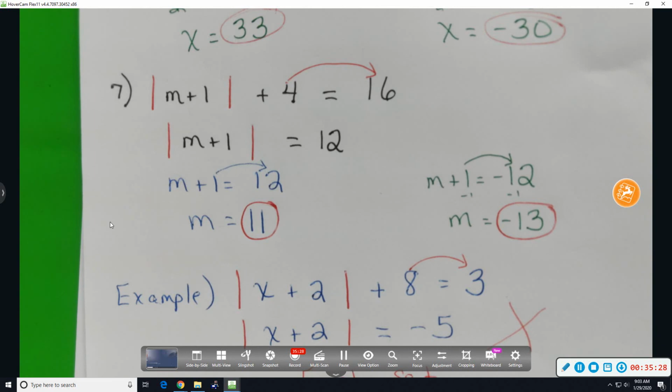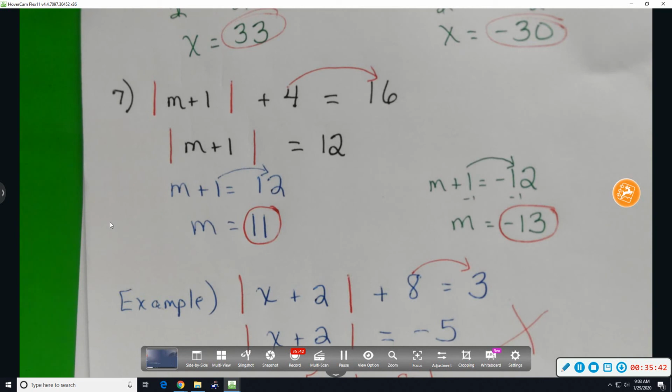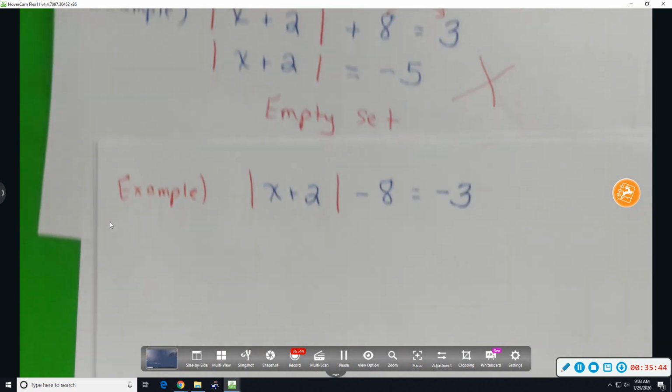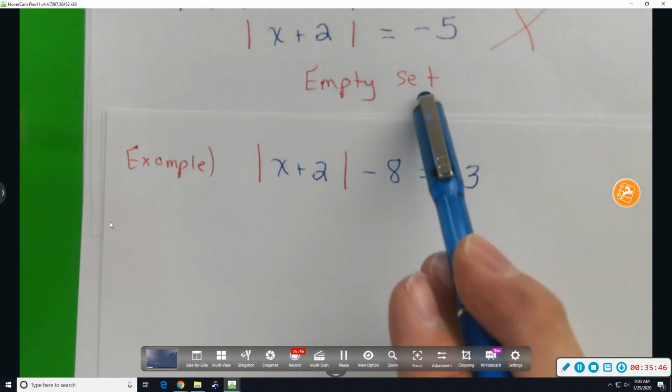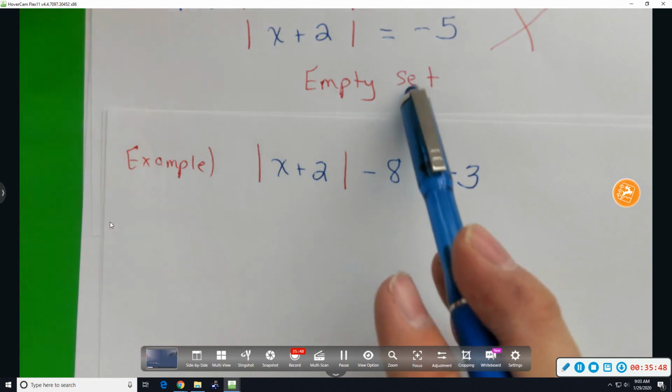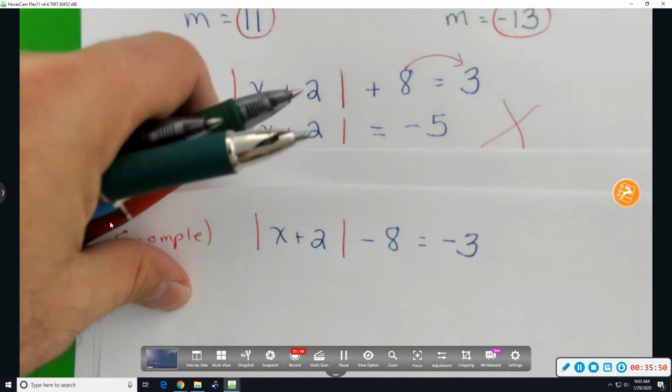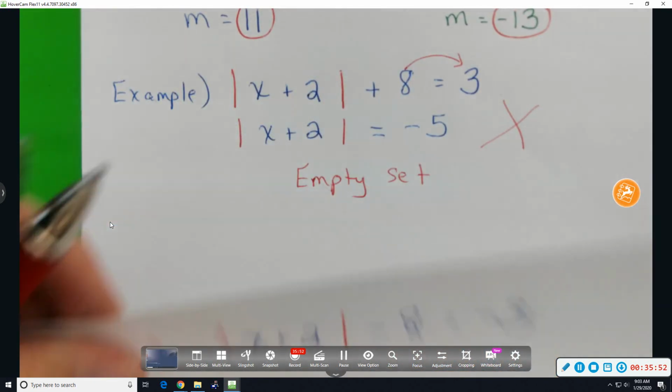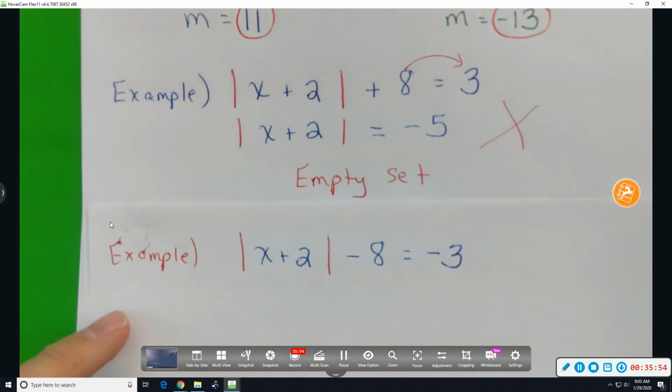Absolute value of x plus 2. Okay. So here's the empty set example. This one you wind up with empty set. But what about this one right here?